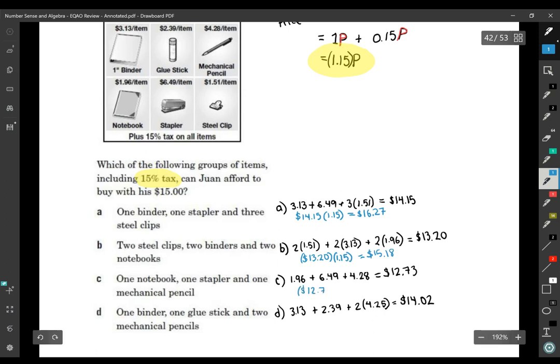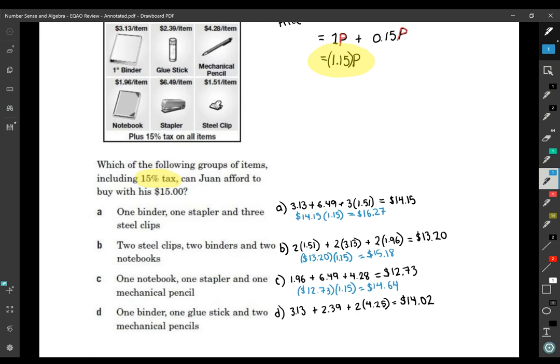Then we're going to do the same thing here. 12.73 times 1.15 gives us 14.64. Make sure you pay attention to rounding.